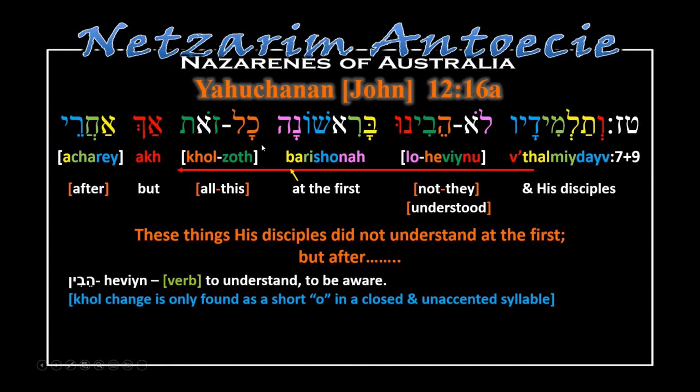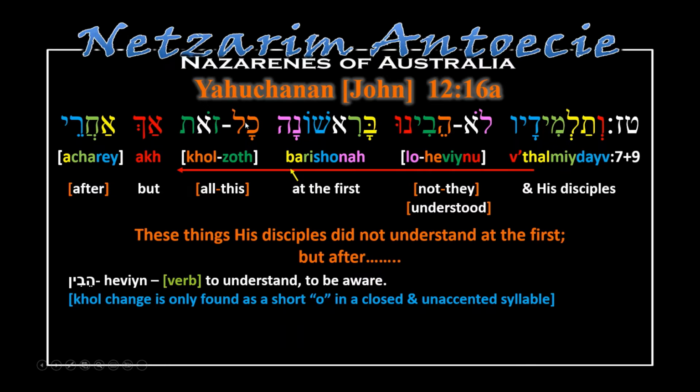And then we have Kol. And why is it Kol? And we have to look down here. Kol, it's a change and is only found as a short O in a closed and unaccented syllable. Normally closed or unaccented is normally the first syllable. And closed means there's nothing following the second consonant. So it's closed.